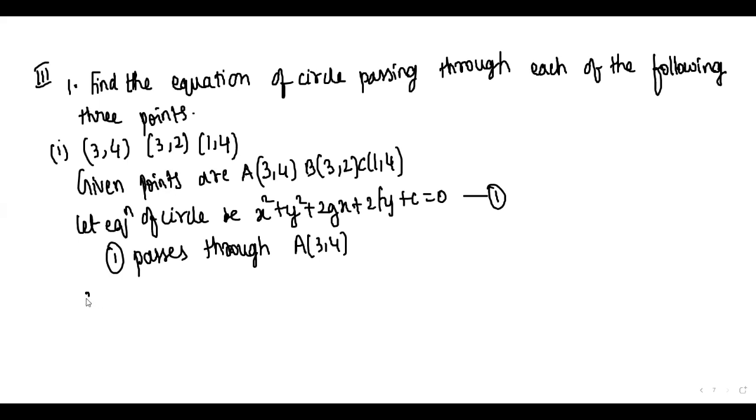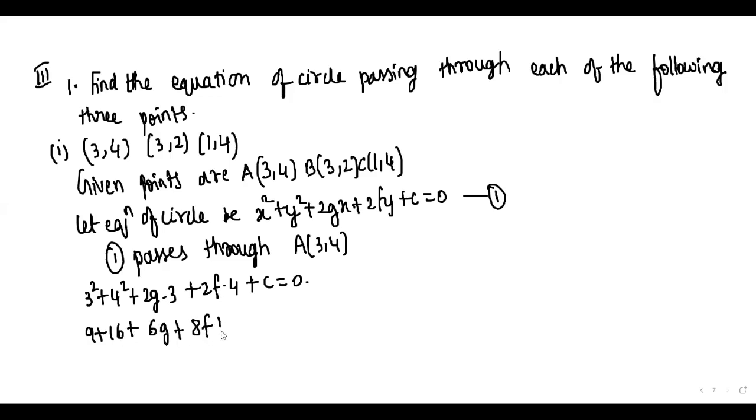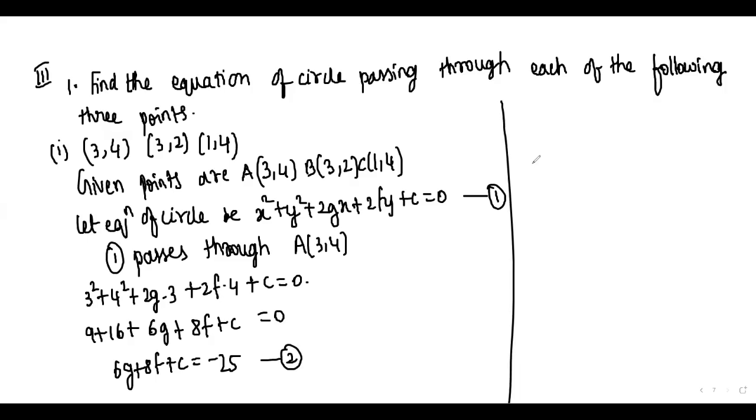So 3 square plus 4 square plus 2g into 3 plus 2f into 4 plus c is equal to 0. 9 plus 16 plus 6g plus 8f plus c equals to 0. 6g plus 8f plus c equals to minus 25. This is equation number 2.